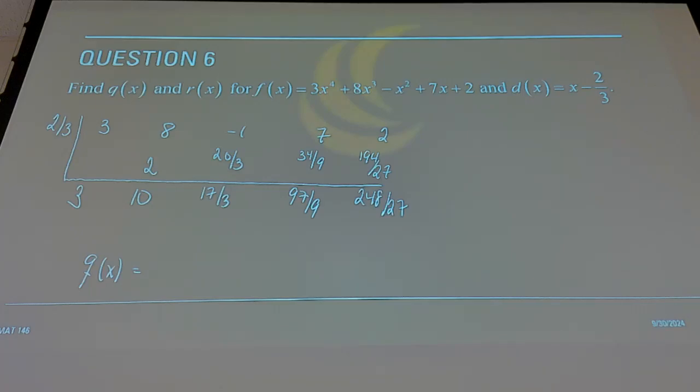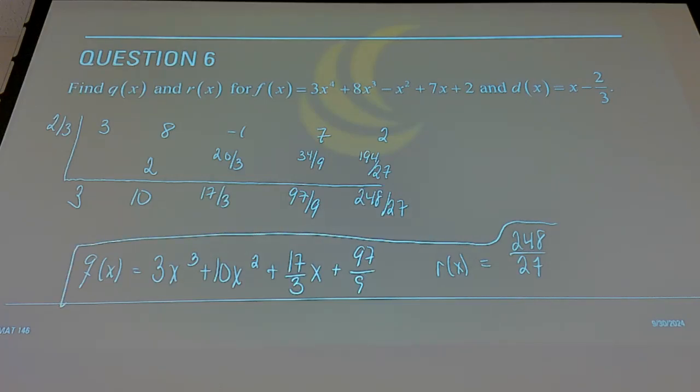What's the degree of the quotient going to be? Keep in mind too that that was still with the dividend having integer coefficients.